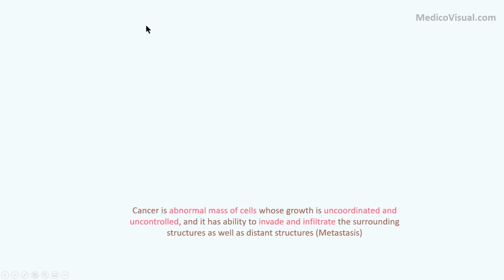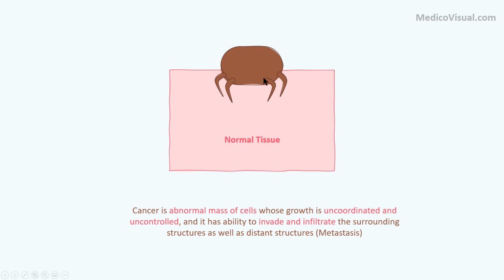So what is cancer? Cancer is an abnormal mass of cells whose growth is uncoordinated and uncontrolled, and it has the ability to invade and infiltrate the surrounding structures as well as distant structures, through metastasis. The term cancer literally means crab.